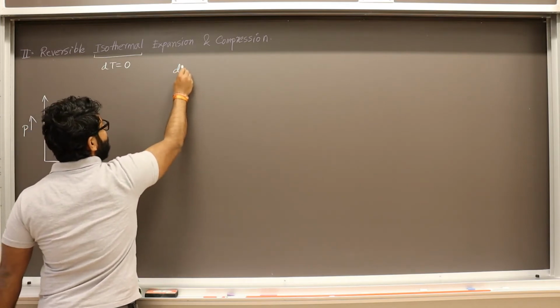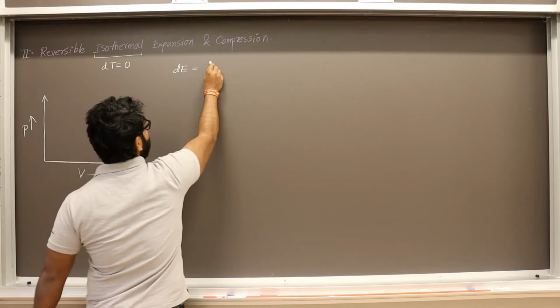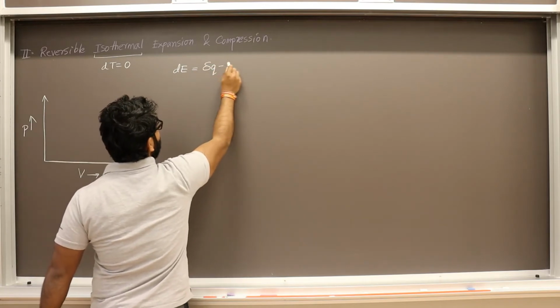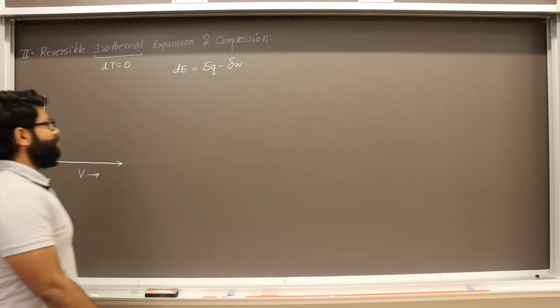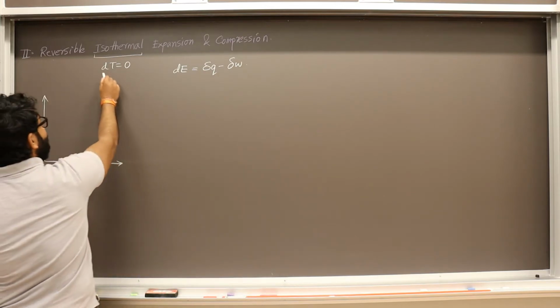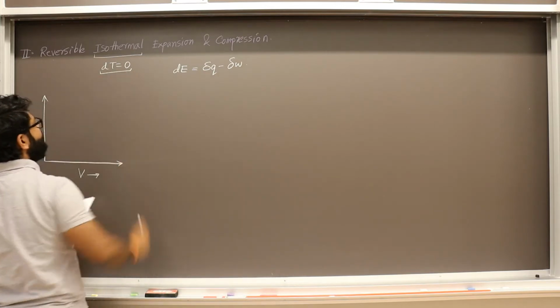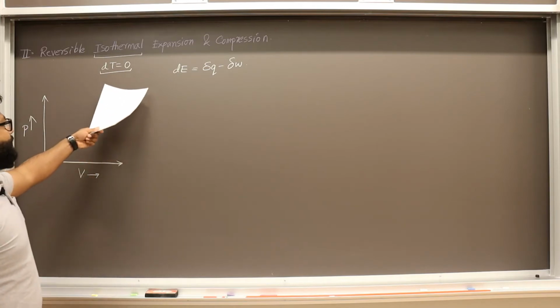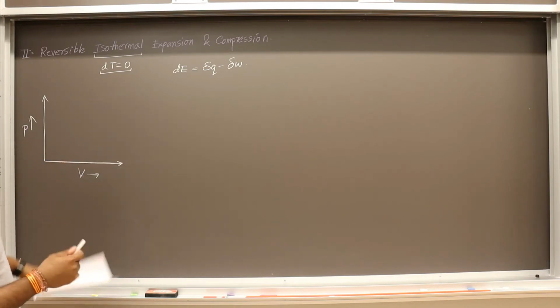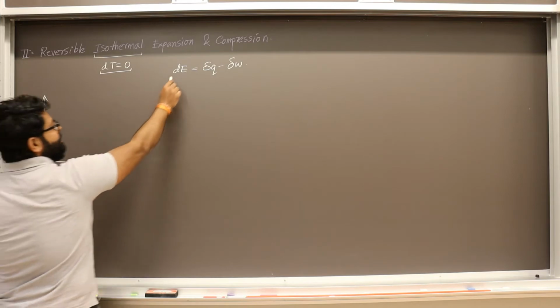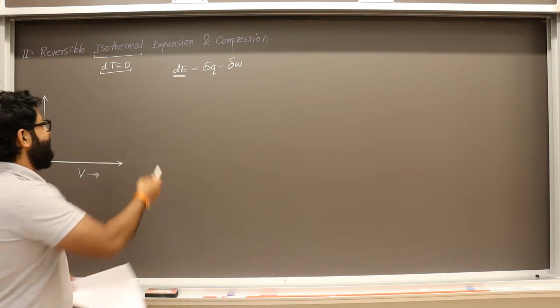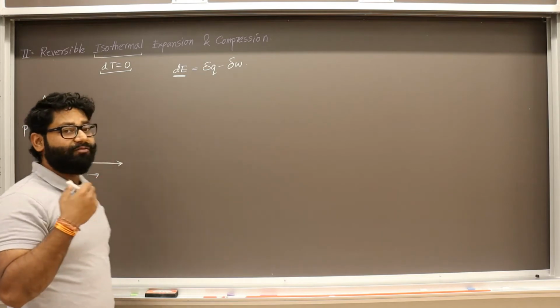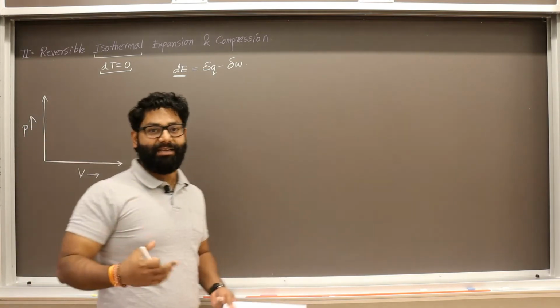So dE is equal to del Q minus del W. Now, we know that dT is 0, so there is no change in temperature. When there is no change in temperature, the internal energy also remains constant, because temperature is the average kinetic energy, right?